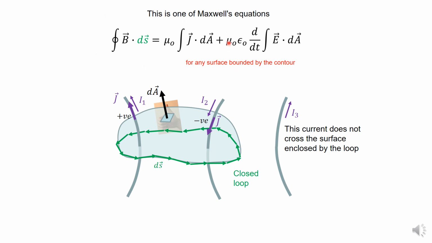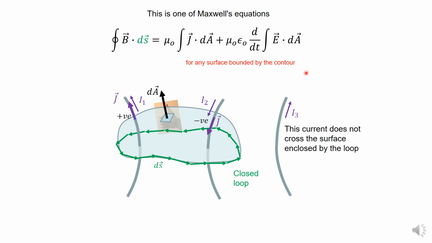Turns out you have to add this term to it for it to be consistent. Consistent in the sense that if you evaluate this surface integral, these two terms, through any surface, you get exactly the same result, which has to be the case, because this has to be one single number. This integral has to give you one single number. You can't calculate this through different surfaces and get different answers.